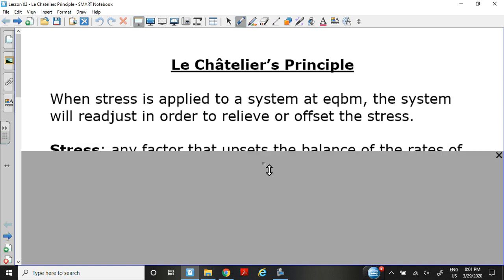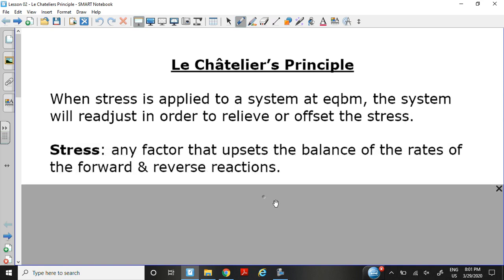Now, what does stress mean? It's any kind of factor that upsets the balance for the rates of the reaction in both the forward and the reverse reactions. So basically anything that's going to change the rate of a reaction is considered a stress. So what are some things we can think of? Change in concentration.